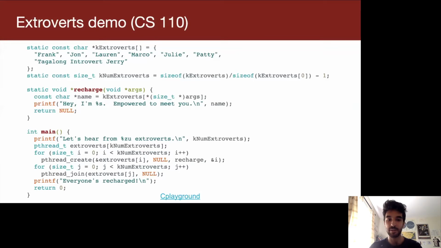So at the end of last lecture, Ryan brought up this example of the extroverts demo. And can somebody quickly recap what this demo was about and what it was showing? What was the weird issue that we saw at the end when Jerry's name just kept on popping up? What was wrong with this?